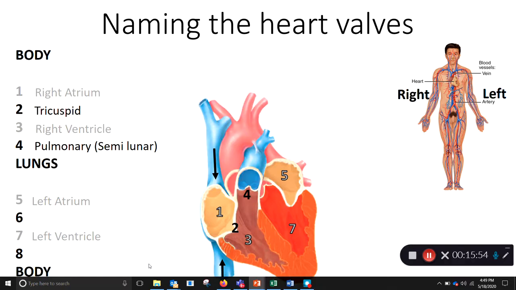You go up into the lungs, you do your CO2-O2 exchange, and you come back down, and you go into this chamber, the left atrium. The left atrium contracts, it forces you past this left atrioventricular valve, which is also called your bicuspid valve, or another name is the mitral valve.